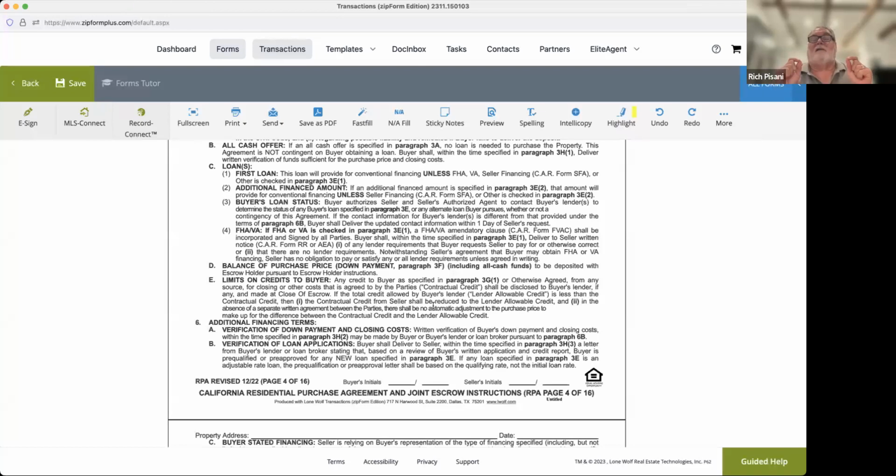Lenders have limits as to what they will allow the buyer, the amount of credit that the buyer will have. So once again, have that relationship with the lender. If it's a $500,000 sale and the buyer is asking for $100,000 credit, and thinks they're going to get $100,000 credit, and by some miracle the seller said, okay, I'll give you $100,000 credit, and then they go to the lender, and the lender says, no, you can't.